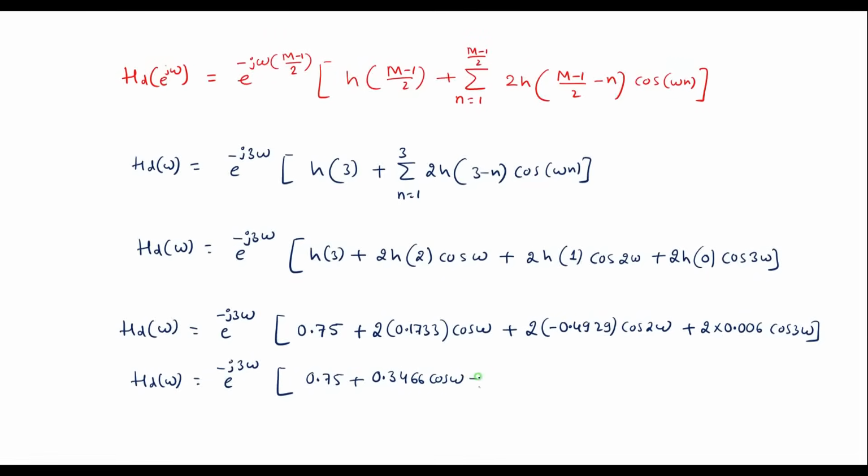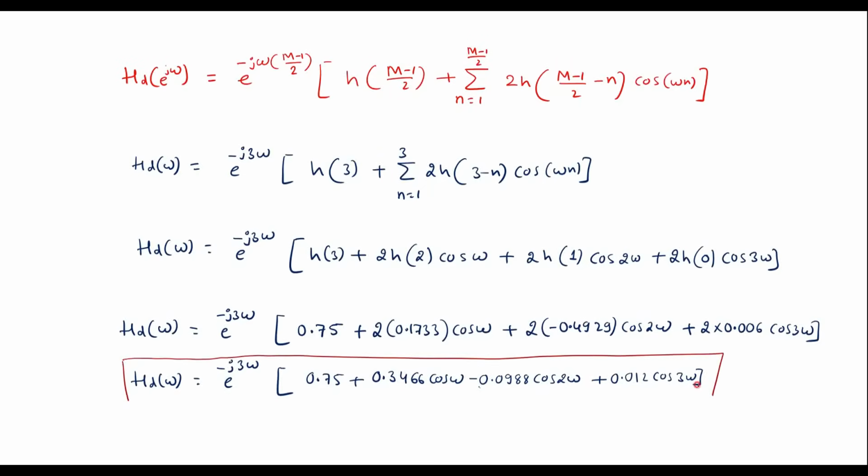So it gives minus 0.0988 cos 2 omega plus 2 into 0.006 gives 0.012 cos of 3 omega. So this is the final result, that is hd of omega. H of n are the filter coefficients.